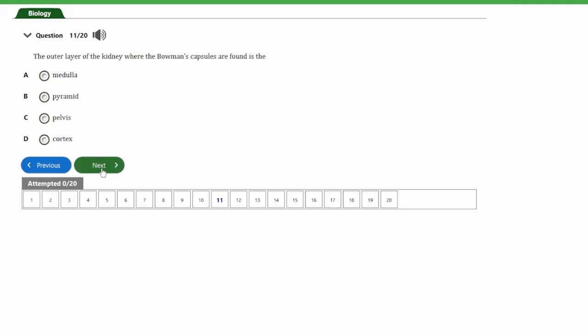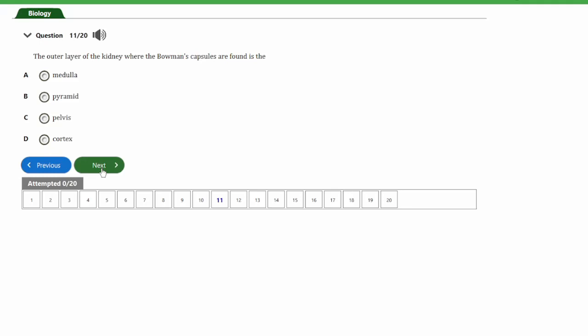So let's look at the next question, and that's question number 11. The question says, the outer layer of the kidney where Bowman's capsules are found is the A, medulla; B, pyramid; C, pelvis; D, cortex. So guys, the answer to this question, like you all know, is the cortex. Like I've explained earlier on, we have two areas of the kidney.